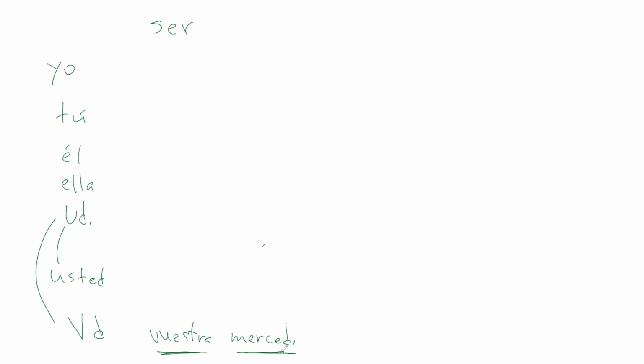And it was the way they would speak more politely, more formal. And so that has turned into usted, which is the UD, right? Capital U, D period. So that's formal. Tú is informal. Now these are singular, and we also have plural.